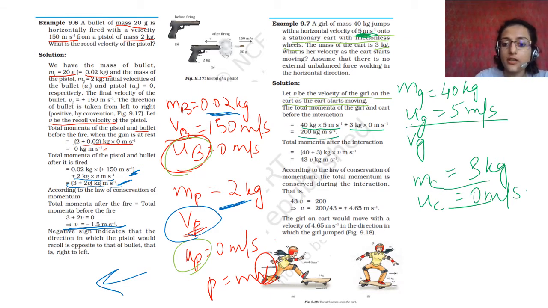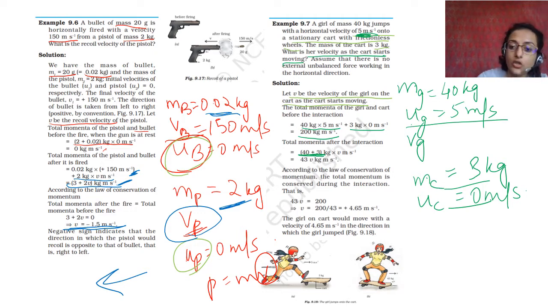Now after the interaction, this is the total momentum. It is asked what is her velocity as the cart starts to move, so you have to understand that she is on the cart. सो उसकी वेलोसिटी एंड कार्ट की वेलोसिटी सेम हो जाएगी.